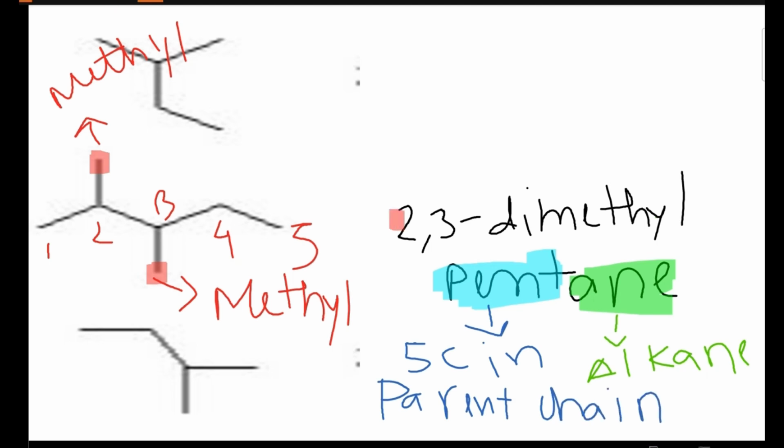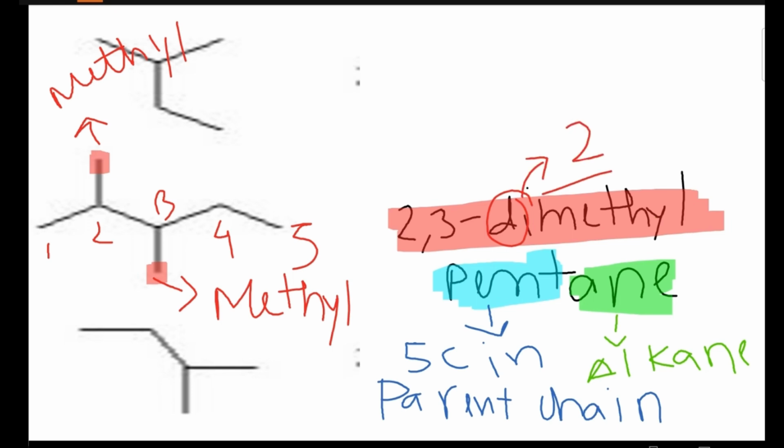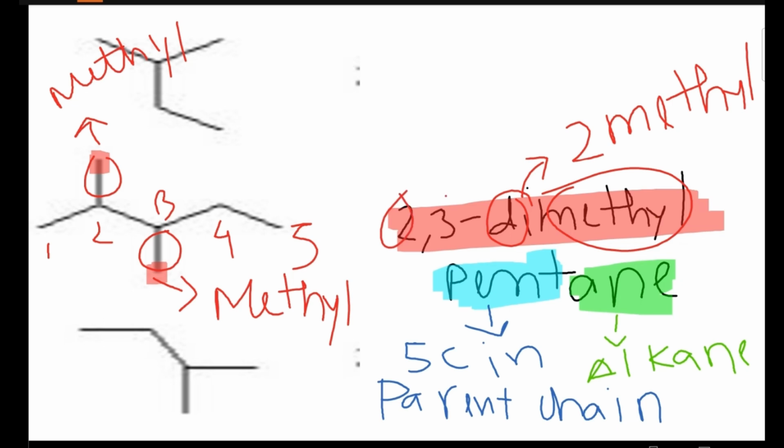We have written 2,3-dimethyl because there are 2 methyl groups attached to the second and third carbon of the parent chain. And to make the name shorter and easier, we have written 2,3 dimethyl instead of 2-methyl 3-methyl.